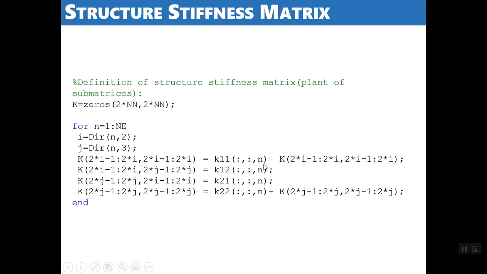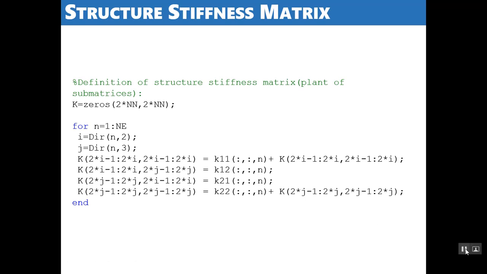We know that along the diagonal we have to add the things, and off the diagonal we can simply replace them with the previous values, although there should not be any previous values existing there. Up to the structure stiffness matrix is the task for today.